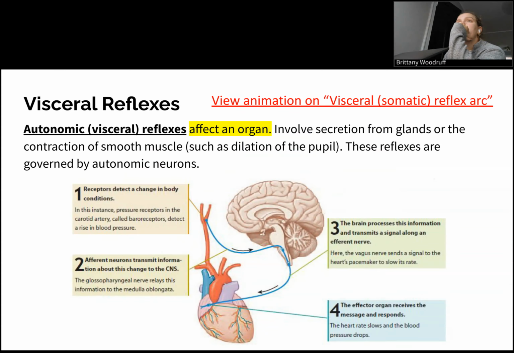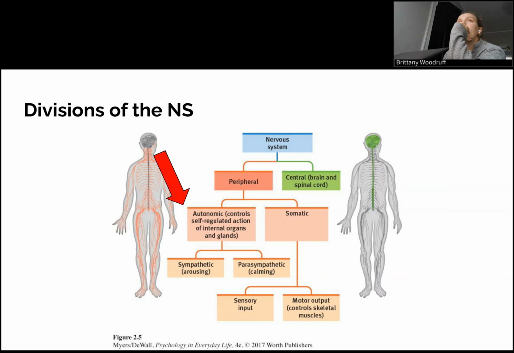So those are visceral reflexes. Okay, next looking at your autonomic nervous system. Now we're going to look at the specific subdivisions. So I explained reflex arcs to introduce you to these subdivisions. Now that is not to say that we are not talking about the peripheral nervous system, right?